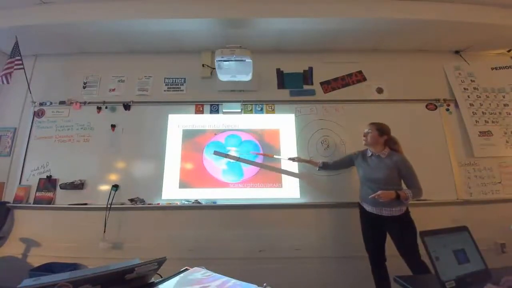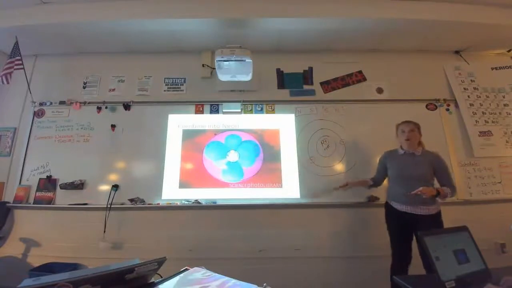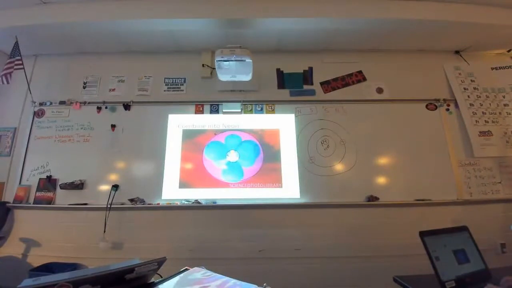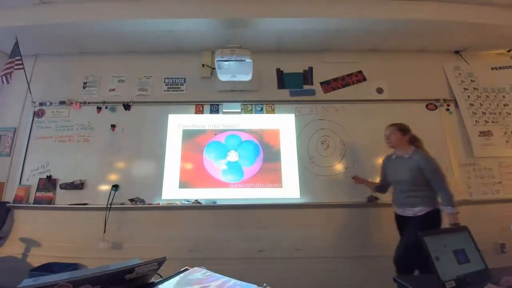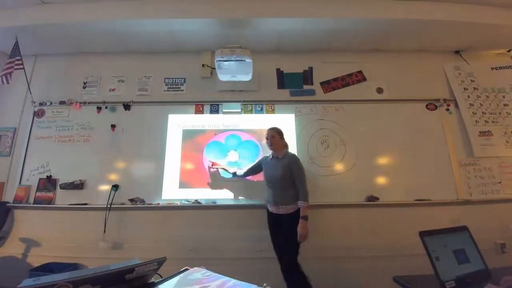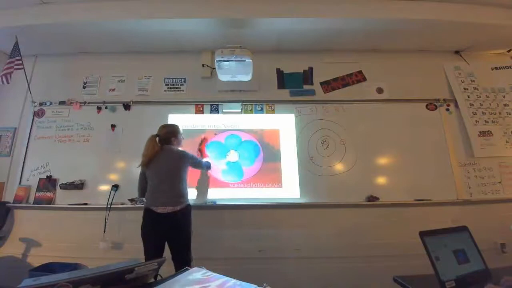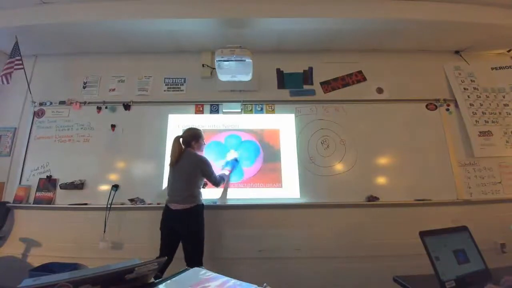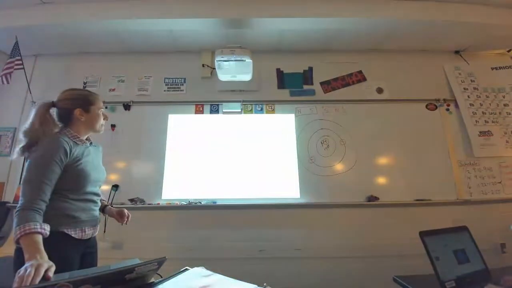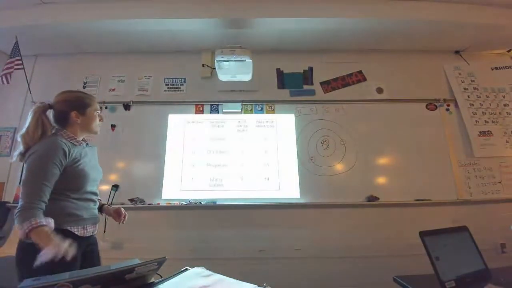And then here we have 6 electrons. 1, 2, 3, 4, 5, 6. So we're already starting to see a little pattern here. 2, 2, 2, 6. And that's why we look at neon at the end there.